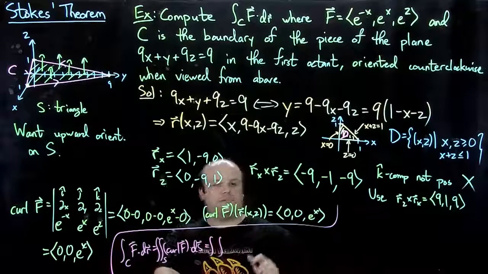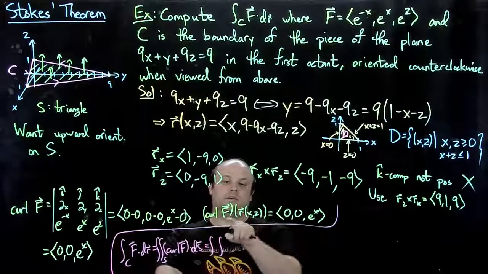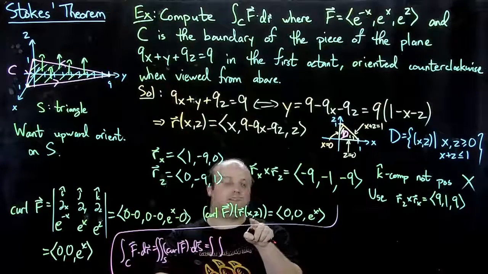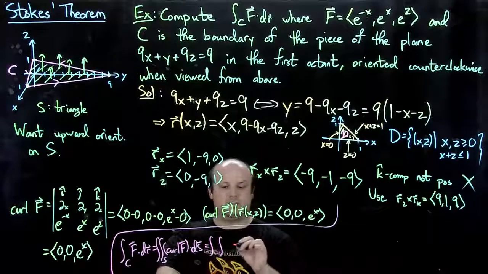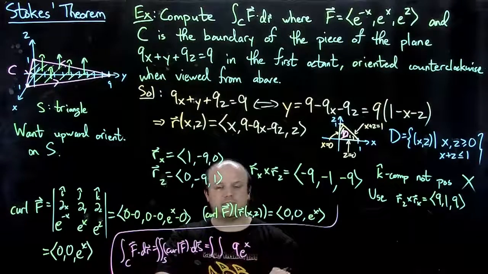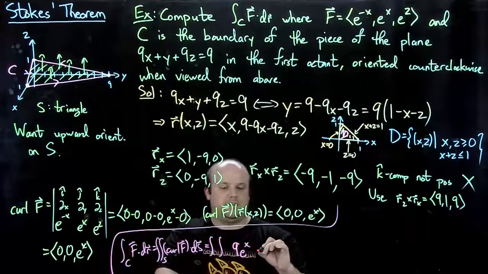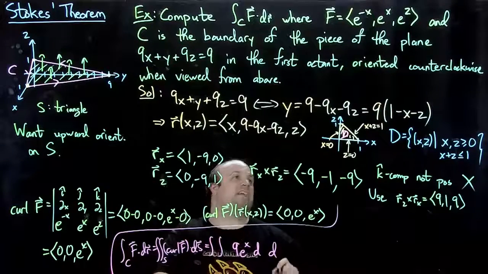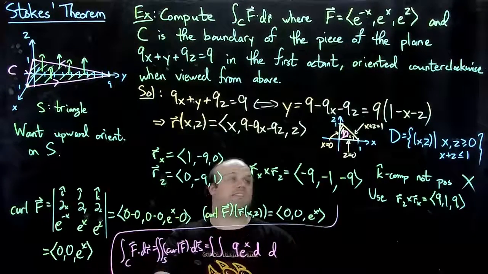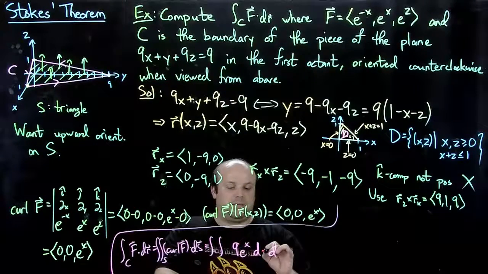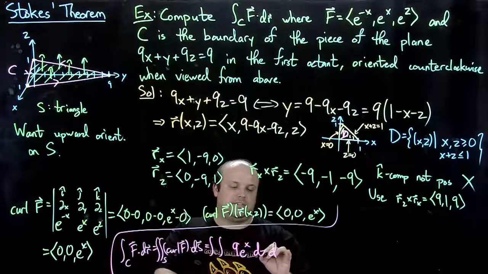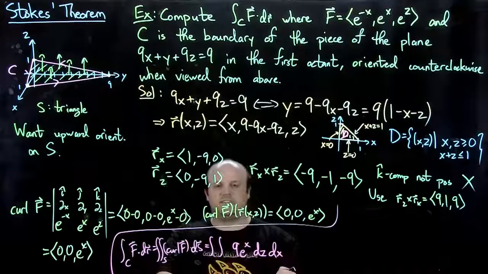So we need to take the dot product of curl f with the parameterization plugged in and this guy. So the dot product of this with this is really just 9e to the x. No big deal. Right? And then we have to integrate over the domain of the parameterization, which is this guy up here. So it doesn't matter the order. Let's say we do dz, then dx, just to make it quick.